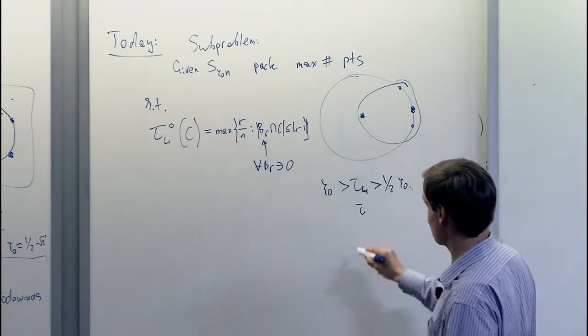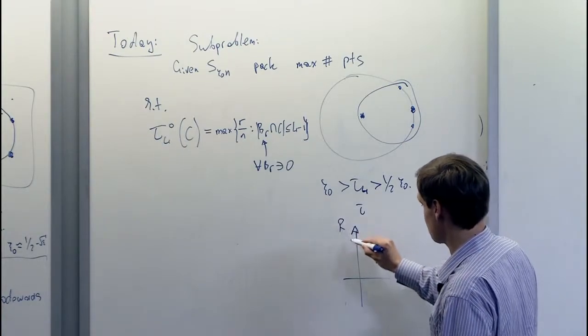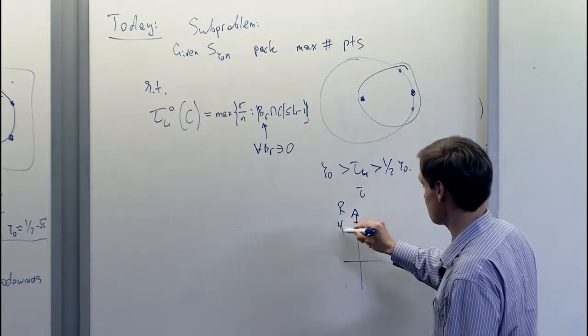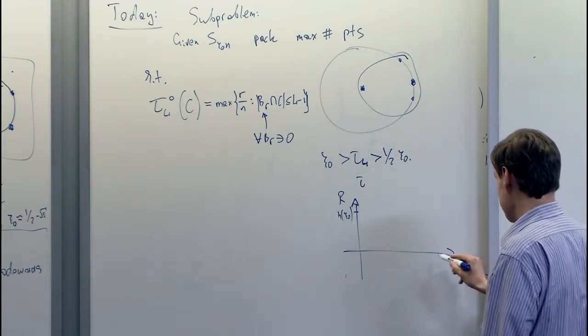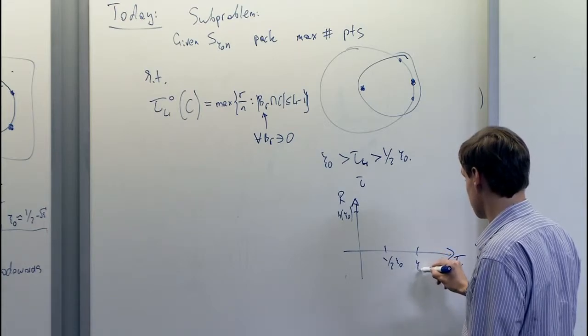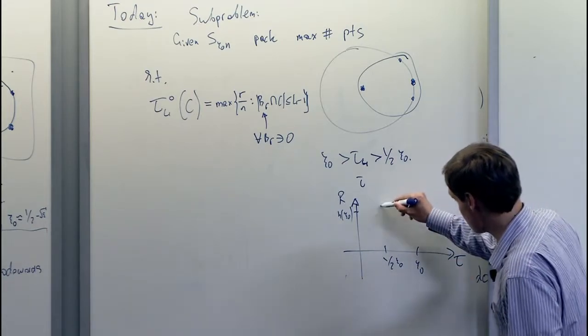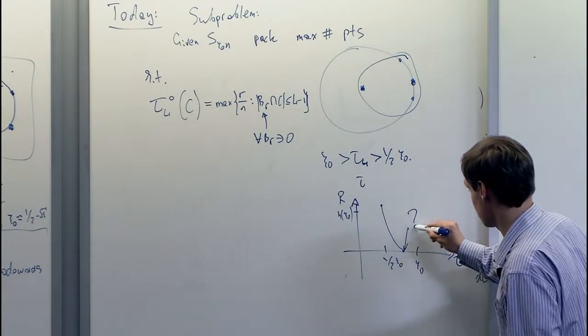So we know two things about this trade-off already. The maximum rate you can have is h of psi 0, the size of the sphere. And here we have these 2 points, and the question is, where does this rate hit 0? What's this point?